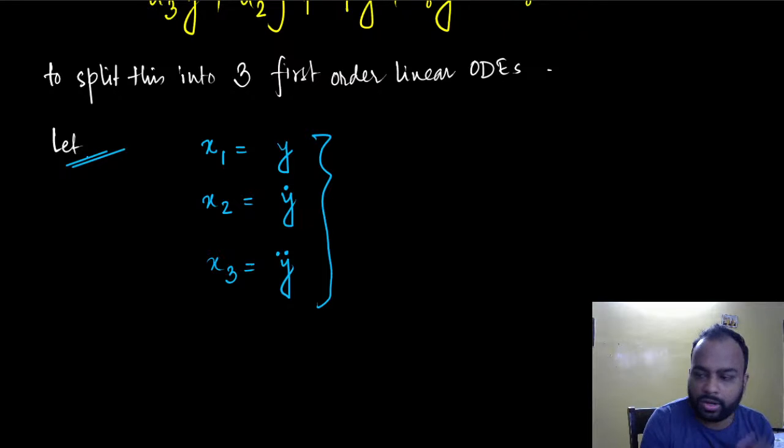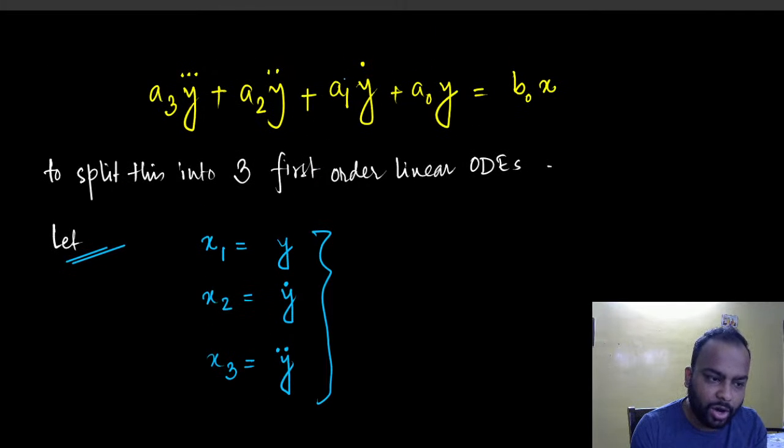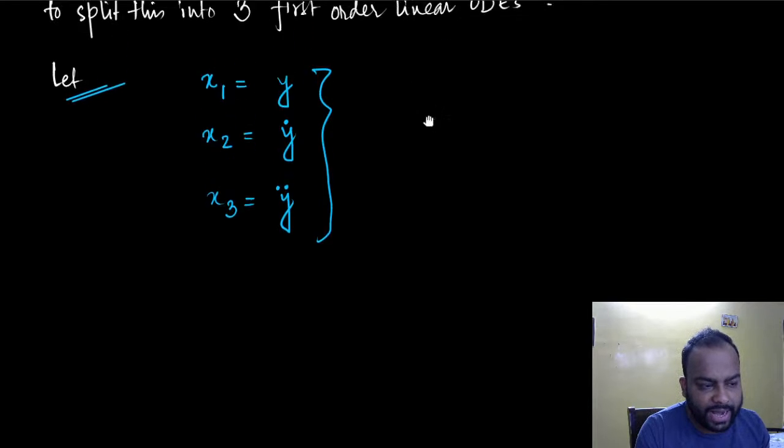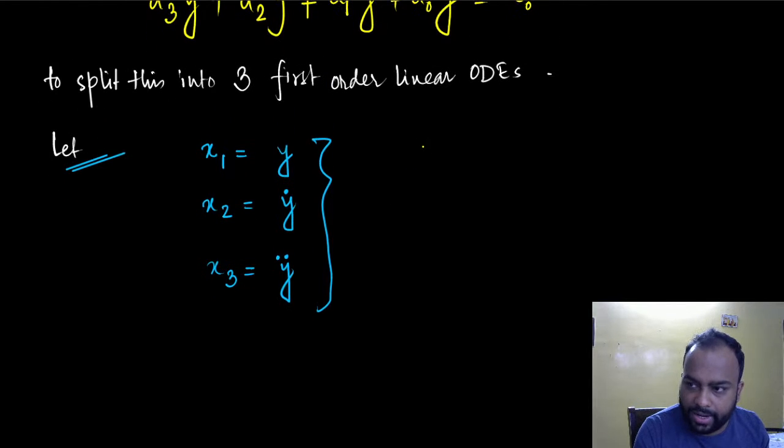I just brought 3 variables into existence here: x1, x2 and x3. x1 I have defined as y, x2 as y dot, and x3 as y double dot. It is not like we are assuming something that wasn't there earlier. y, y dot and y double dot are already there in this differential equation. This is not some sort of ad hoc assumption, right? I think that's fine, right?